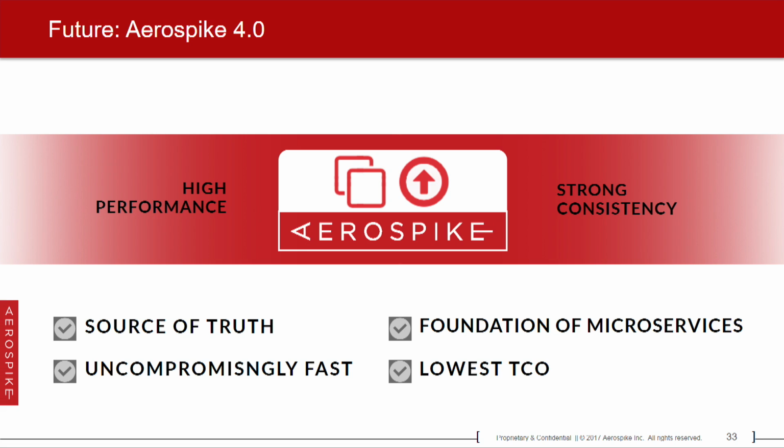This one slide, I'm departing from that. We just announced Aerospike 4.0. What we have realized is, while there are lots and lots of databases that are highly consistent, strongly consistent I would say, they are not high performance. So we spent about 2 years coming up to this release, where we're basically releasing a strongly consistent Aerospike, which preserves pretty much most of the high performance that we have.